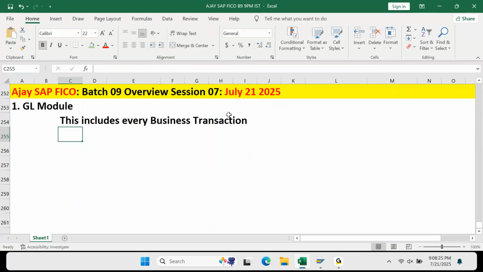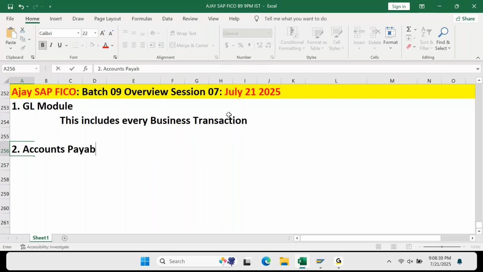Apart from GL, we need to understand something called accounts payable. Third, what is the opposite of accounts payable? Accounts receivable. Let's put accounts receivable here.